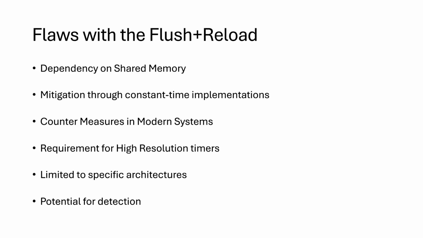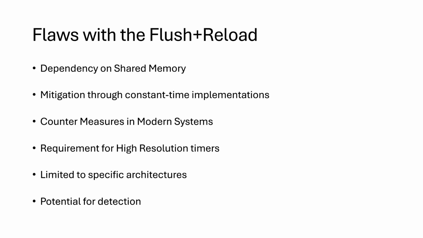So now we have countermeasures in modern systems. A little bit of what I said about how modern processors might be especially susceptible to this attack. We have cache partitioning, which isolates cache resources between processes to prevent cross-process interference.